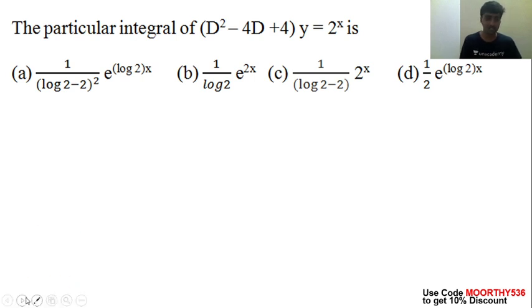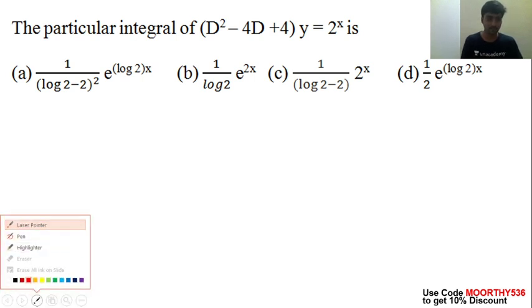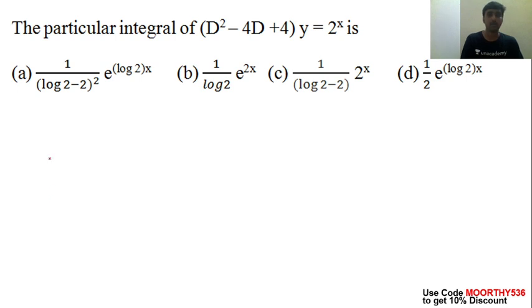So coming to the discussion. Here 2 power x is converted into e power ax. How are we converting? 2 power x is equal to exponential power log of 2 power x.